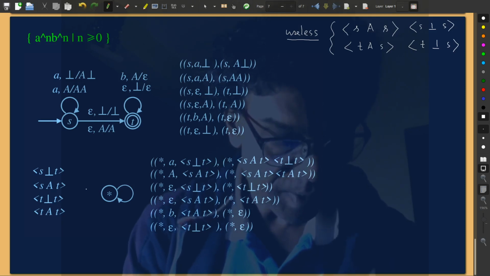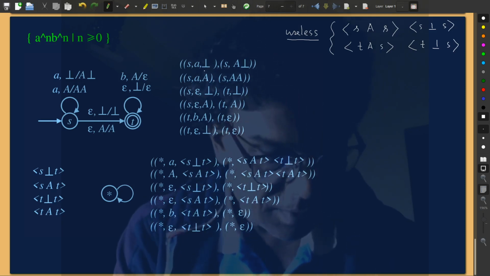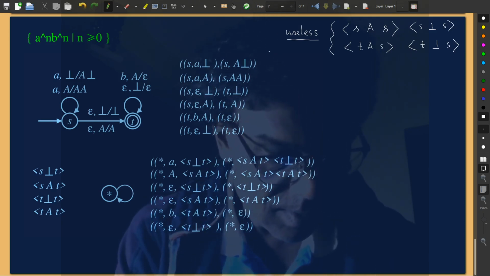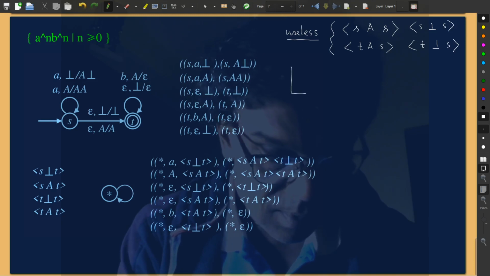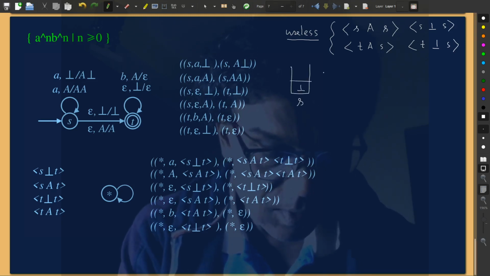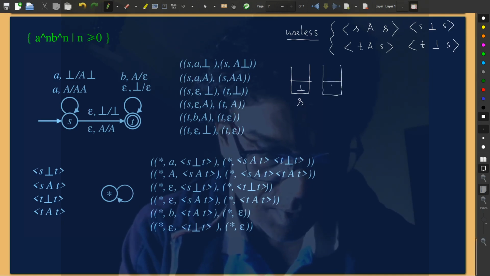Now let us look at this S A T. What does it say? The machine is in state S. It reads this and replaces that by this.